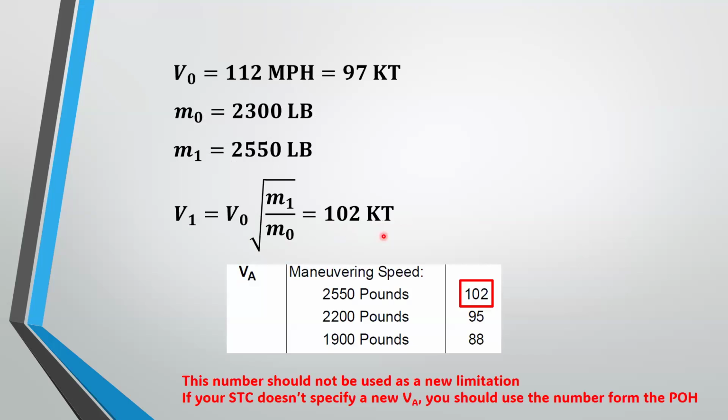However, if we convert the miles per hour to knots and use the formula again, our maneuvering speed at the maximum gross weight would be 102 knots, which is exactly the same maneuvering speed for the maximum gross weight of 2,550 pounds for the Cessna 172S, which comes from the factory with a 180 horsepower engine.